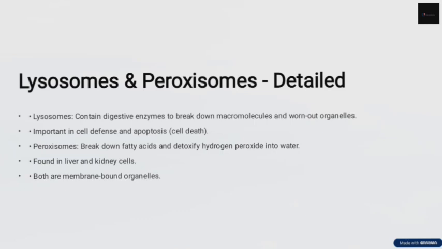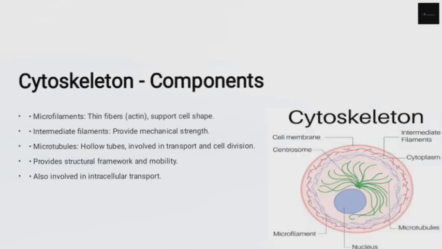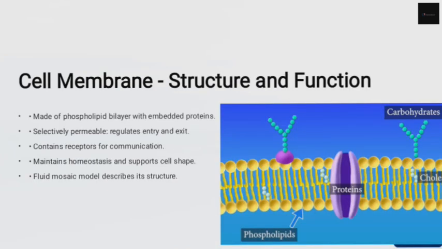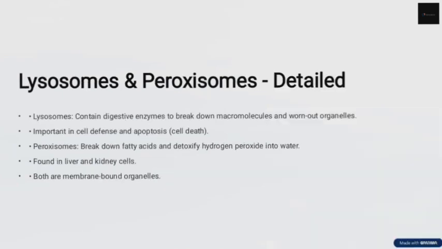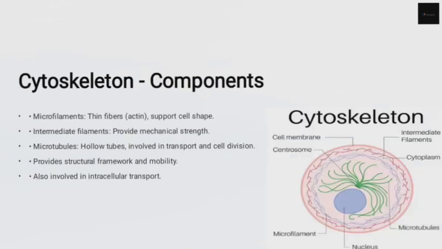Moving to the next slide. There's something I forgot to tell you as well. Please note somewhere: ribosomes don't have membrane. They are not bounded by any membrane. Ribosomes are non-membrane bound organelles.